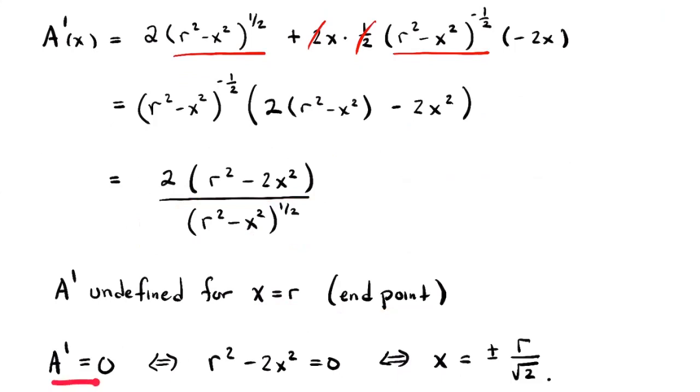How can the derivative be 0? A fraction is 0 if and only if its numerator is. So the numerator of that fraction is 0 if and only if r squared minus 2x squared is 0. If you solve that for x, you get plus or minus r over the square root of 2. We're going to discount the negative one because our x, again, is between 0 and r. So we get one critical point.